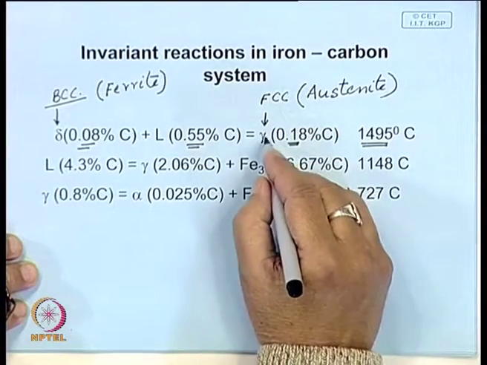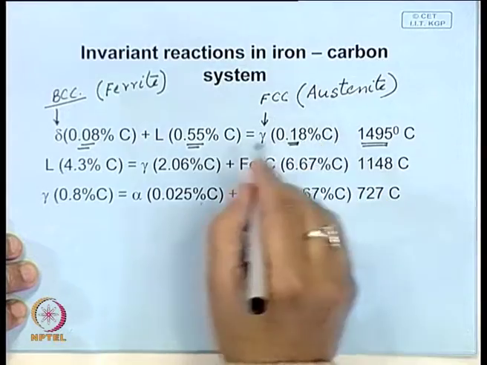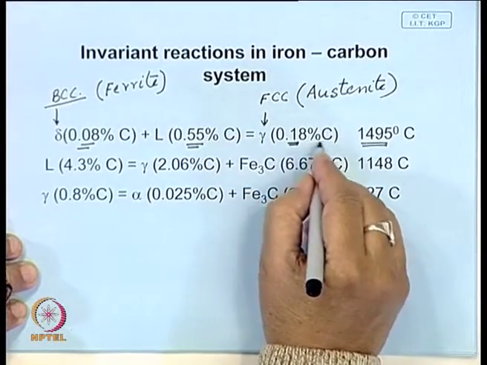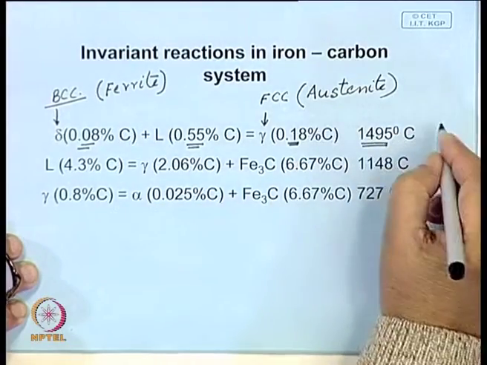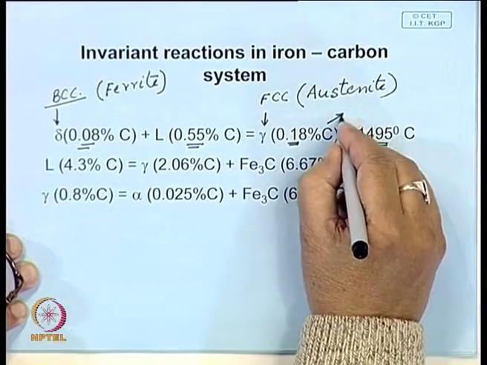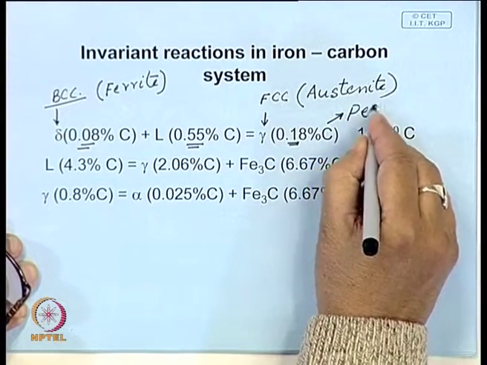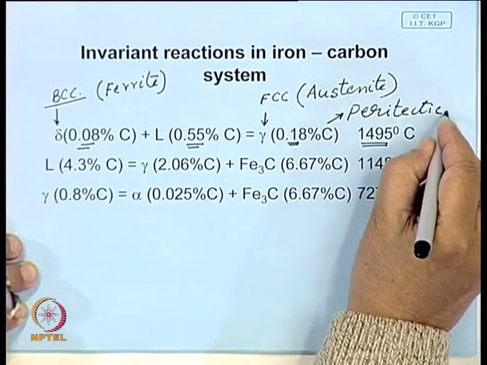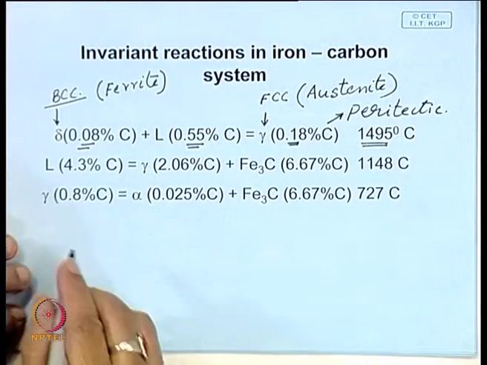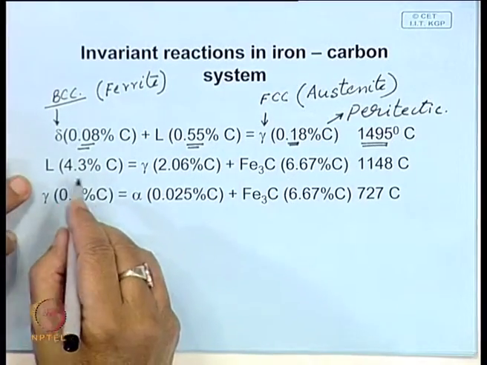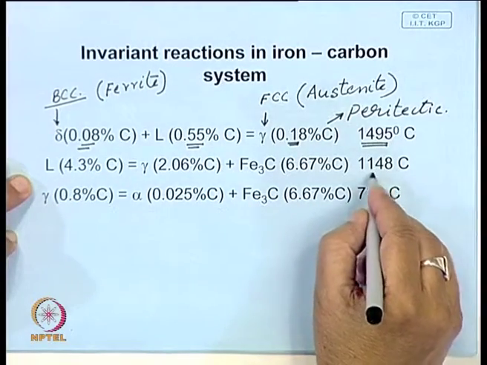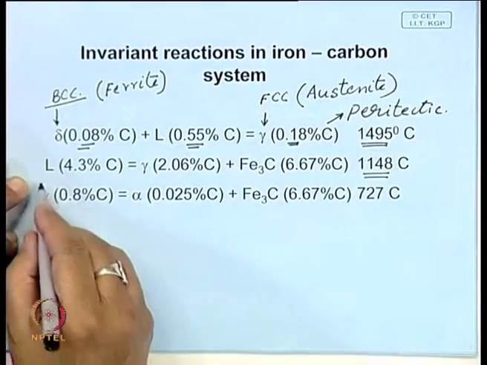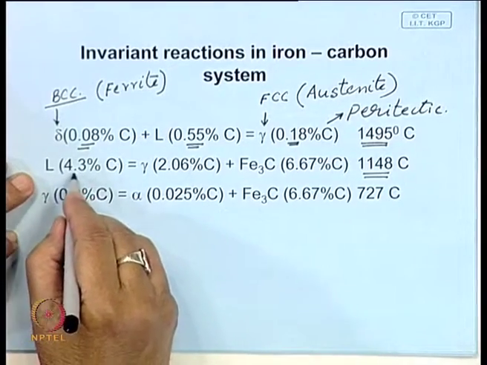This is because it can dissolve more carbon, and this is weight percentage, and this reaction is called the first one, peritectic reaction isotherm.